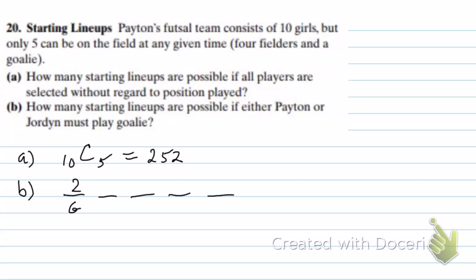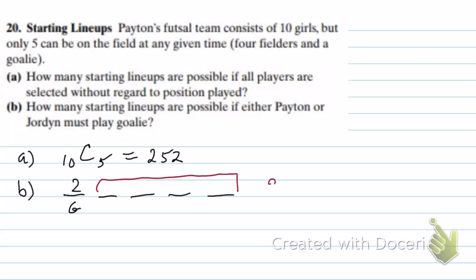Now the order doesn't matter. So for these 4 that are remaining, combination, right? So I'm choosing... How many girls do I have left? 9. Once the goalie's chosen, I've got 9 girls left.